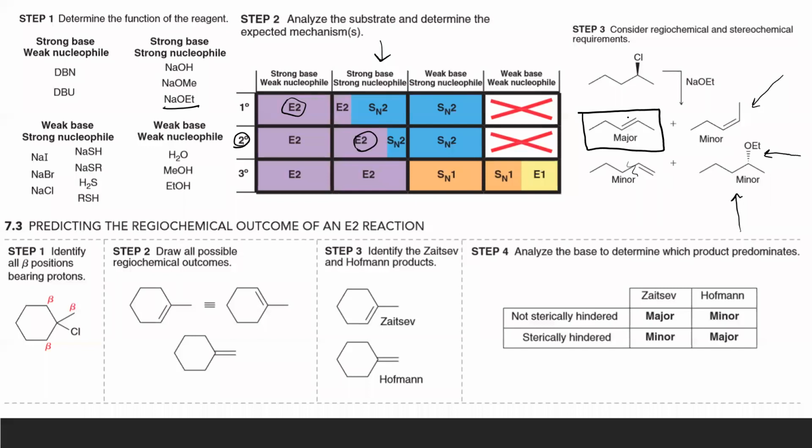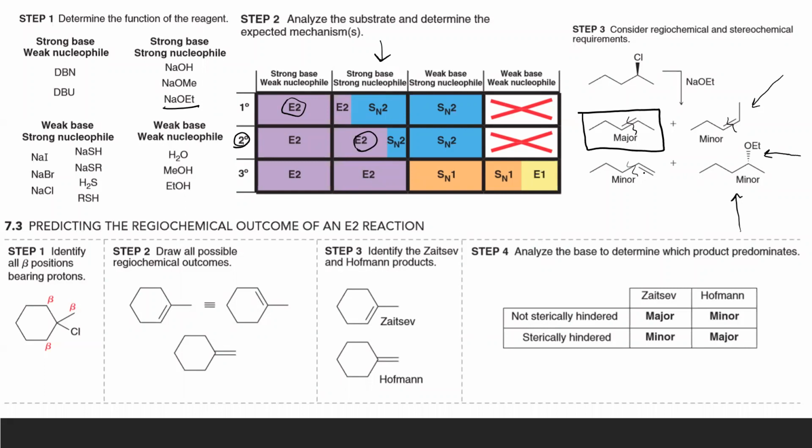So your product here, the major product, is di-substituted and it's trans. This guy is minor because it's di-substituted, but it's cis. So the cis configuration is going to have more steric interactions. This guy is going to be another minor product because it's mono-substituted, less stable than the di-substituted.